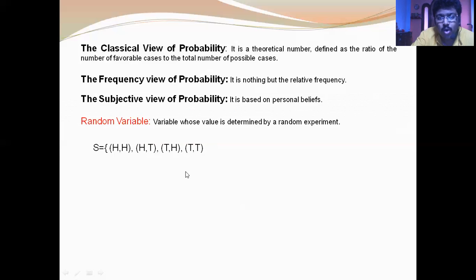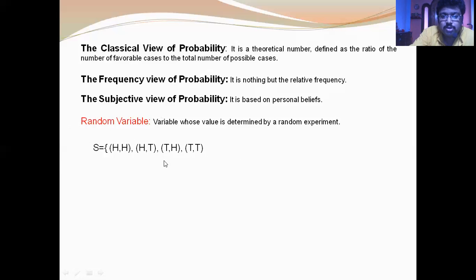That is, 0, 1, 2 are the values of X. So the random variable here is the number of heads occurring on the two coin tosses.